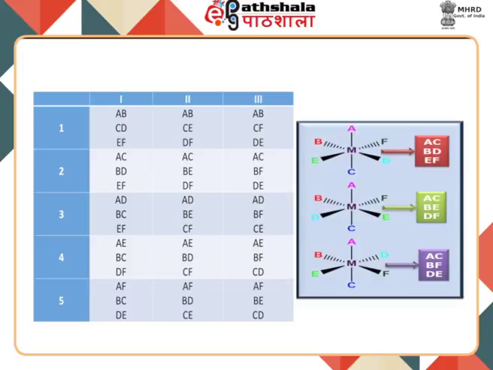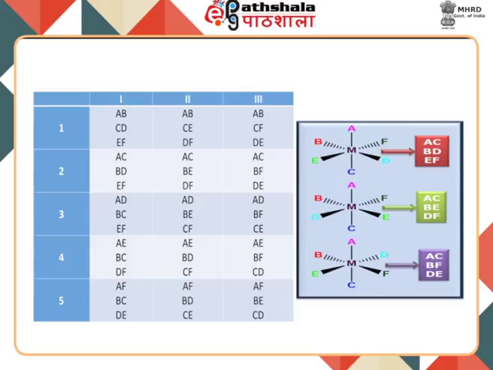Now, if we replace ligand B by C and the other 4 ligands B, D, E and F are permuted on the other remaining positions, there will again be 3 isomers generated, listed in the second row of the table shown here.